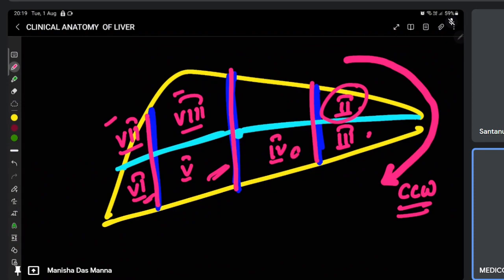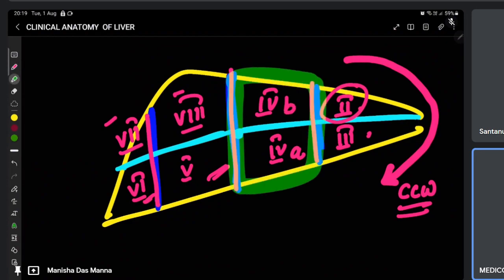There is no nine. Now this is 4a and this is 4b. This is a single lobe, 4a and 4b. Clear? That is the Couinaud numbering.